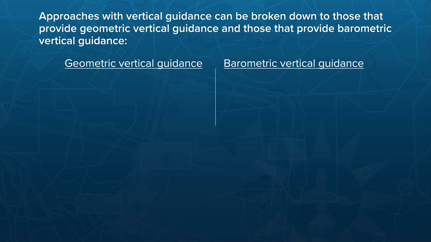Taking this further, approaches with vertical guidance can be broken down to those that provide geometric vertical guidance and those that provide barometric vertical guidance. Approaches with geometric vertical guidance include ILS, LPV, or L/V. Approaches with barometric vertical guidance include RNP, LNAV/VNAV, or LNAV.